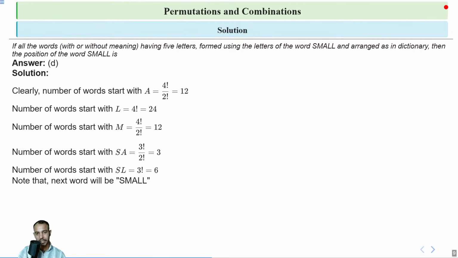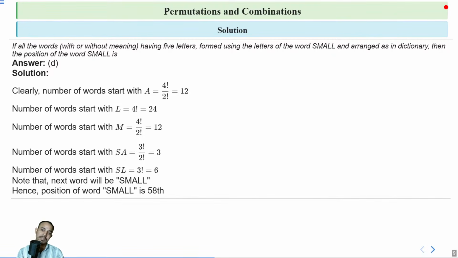Now note that the next word will be SMALL. Just add 12, 24, 12, 3 and 6, and then you will get to the next word, SMALL. So the position of the word SMALL is 58.